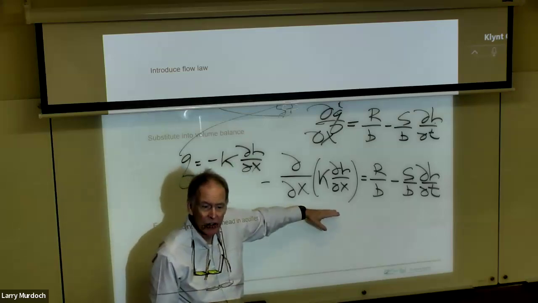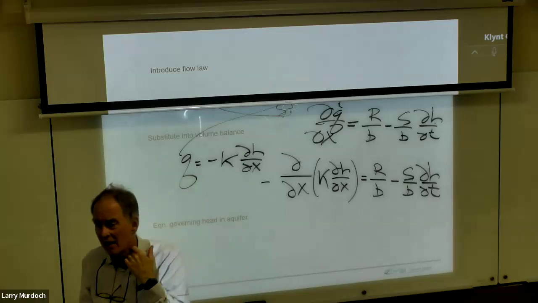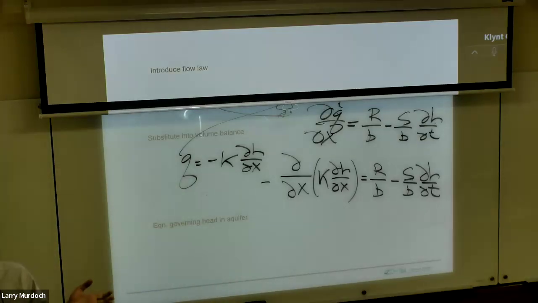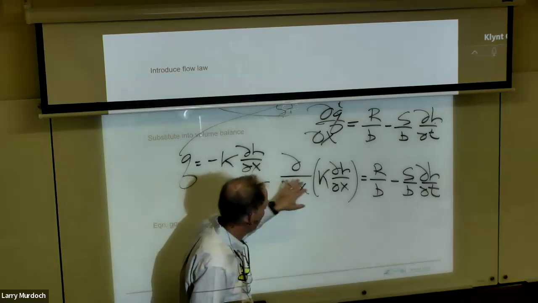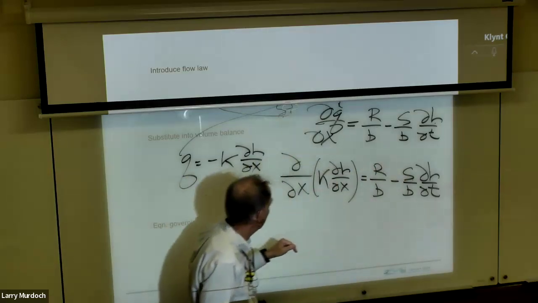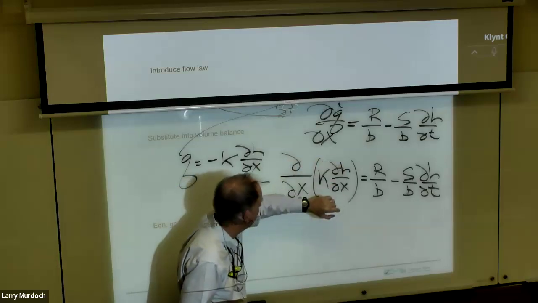So this has the two laws in it, or the two concepts that we said must hold when we have flow through porous media. We have to have conservation of mass, and we have to have this flow law applied. Okay, we can take the minus sign, change the signs over here. This says take the derivative of this stuff.